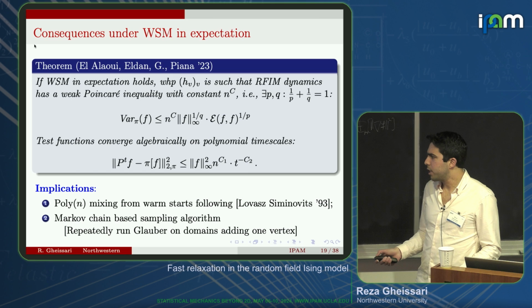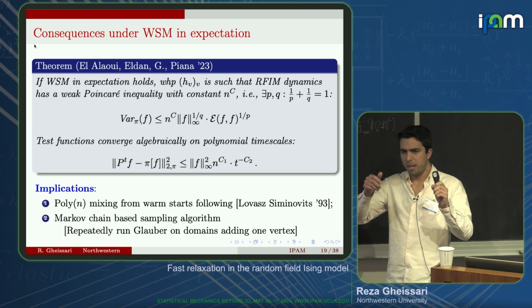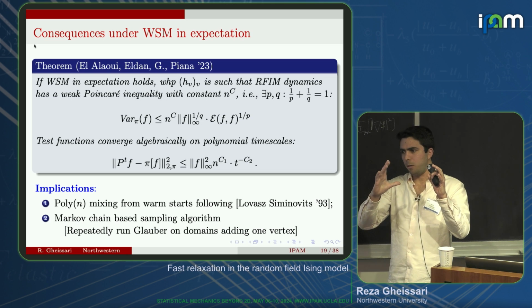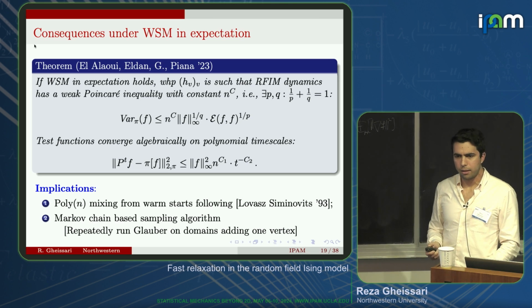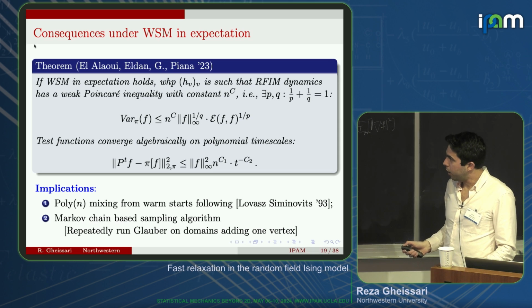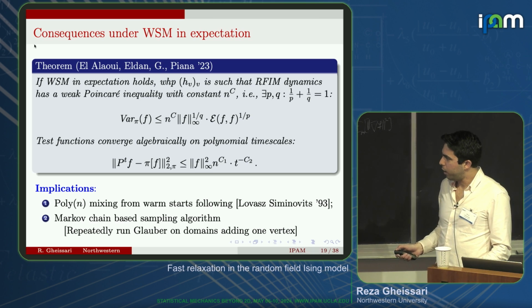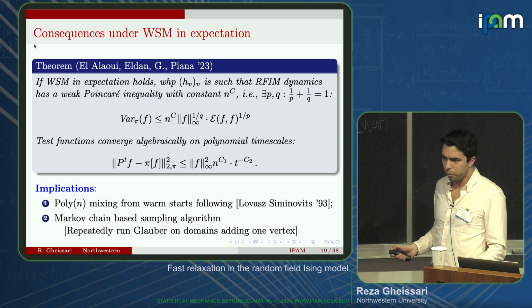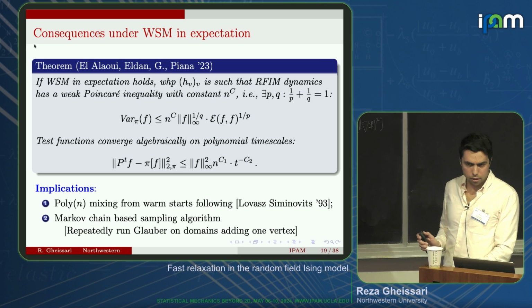And we can actually use that to get a Markov chain-based sampling algorithm by building up the domain one site at a time, and then if it's only one site smaller, it's a warm start with respect to one site added. Okay, so these are the results in this minimal assumption of uniqueness: you have a weak Poincare inequality, algebraic decay on polynomial time scales, and a sampling algorithm. Are there any questions about that?